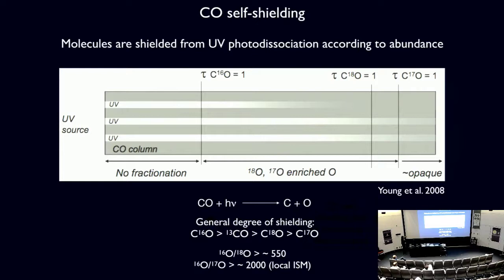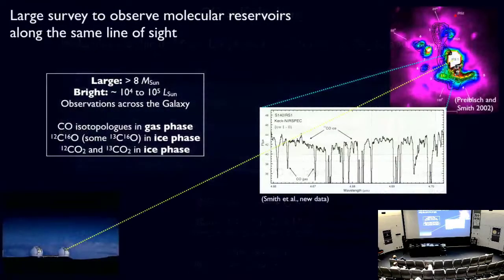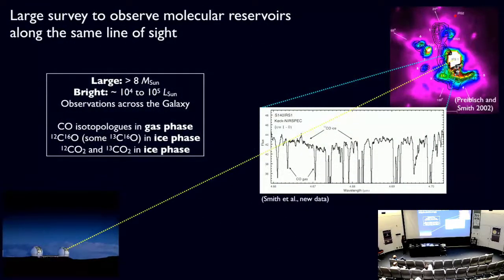CO self-shielding is a hypothesis of what could have happened in the early solar nebula. So we can look at YSOs to try to understand this. What I'll mostly be talking about today are large, bright, massive young stellar objects, where in most cases I'm looking at carbon, but the main motivation for my early work was looking at oxygen with low mass YSOs.